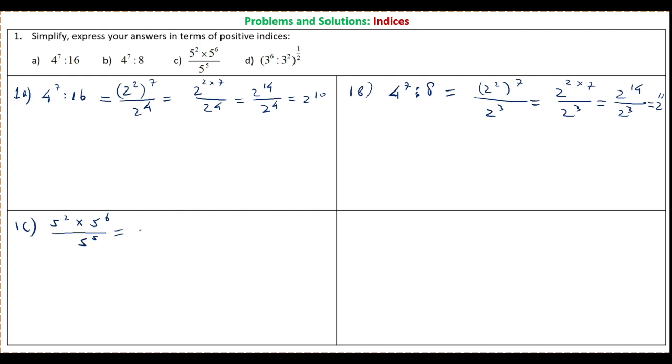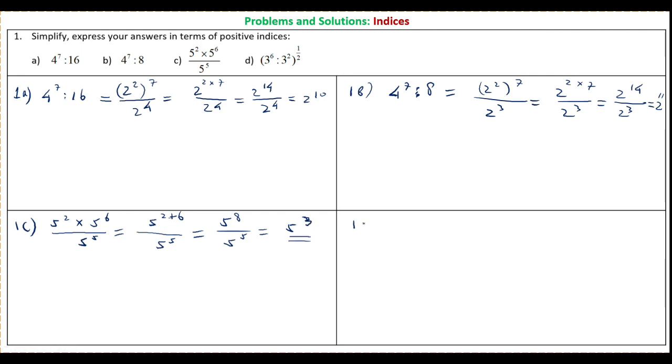That equals 5 to the power of 2 plus 6, and then divided by 5 to the 5, and that equals 5 to the 8 divided by 5 to the 5, and that equals 5 to the power of 3. So that's for 1c.